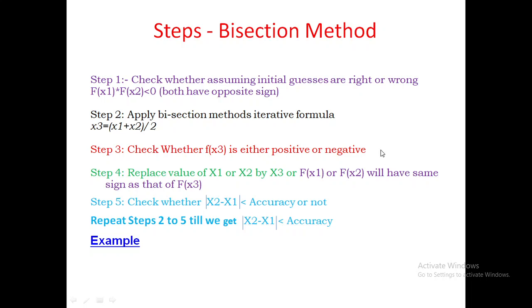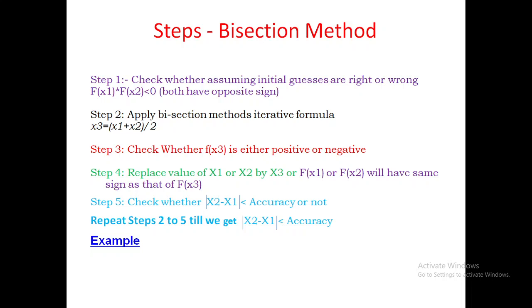If this value is not less than the accuracy, then you have to repeat steps 2 to 5 till we get mod of x2 minus x1 less than the accuracy. Again, you have to take the number of iterations up to when we get x2 minus x1 less than the accuracy. These 5 steps you should remember.